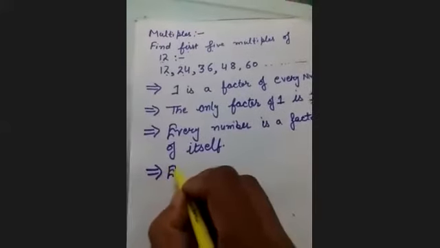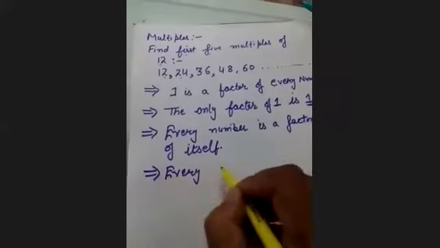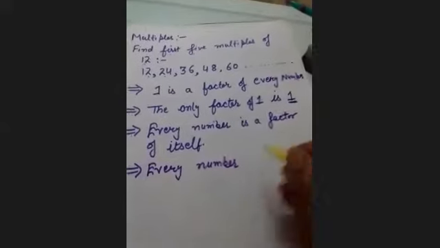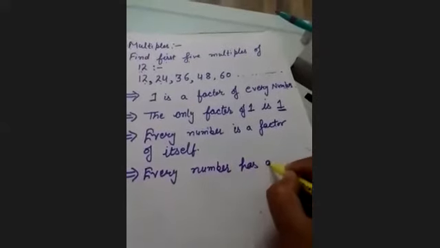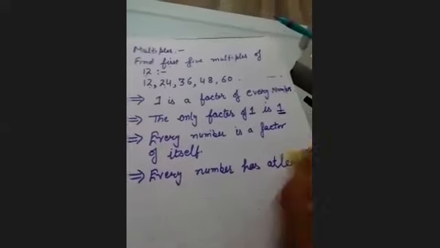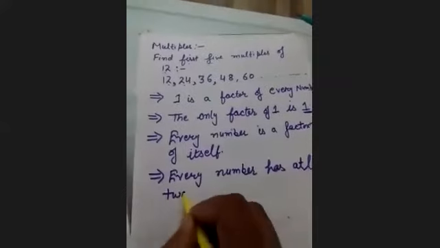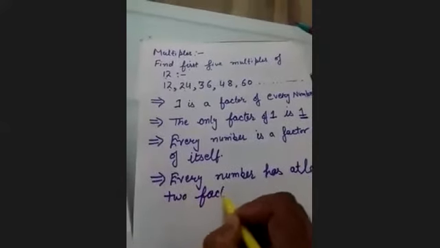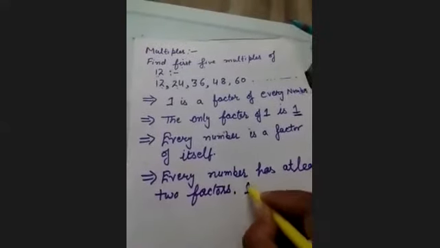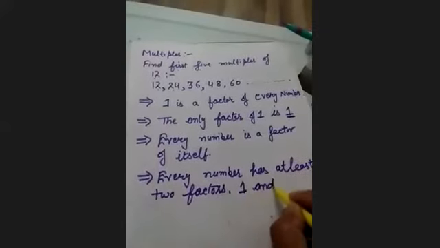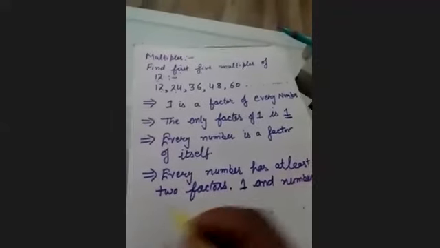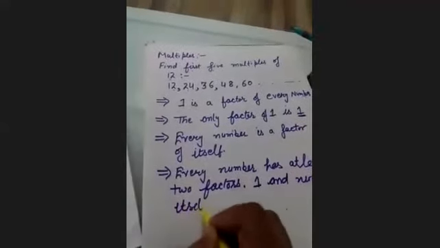Every number has at least two factors: first is 1 and the number itself. Clear, students?